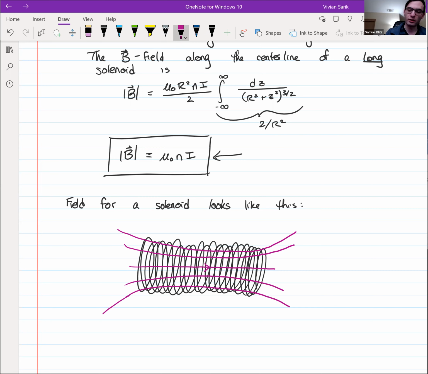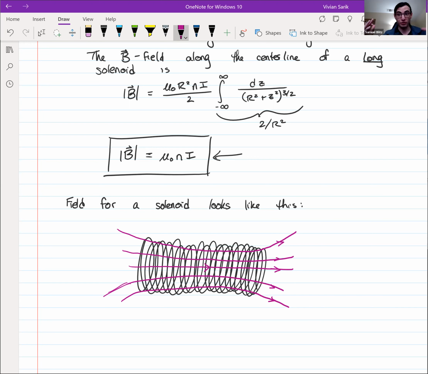That's not a great approximation, but, sorry, that's the wrong direction. I'll just redraw it. Those field lines will close back in on themselves. Yeah, so it behaves a lot like a long dipole.